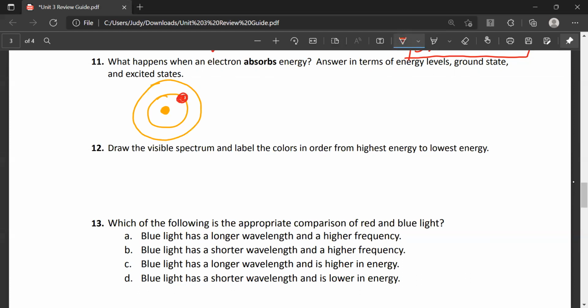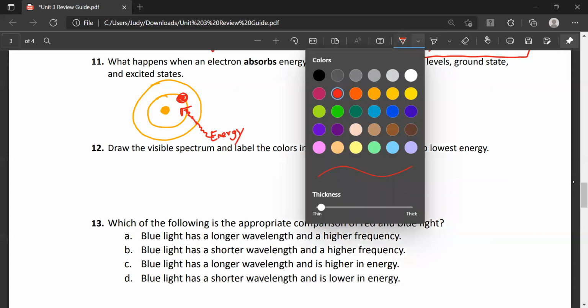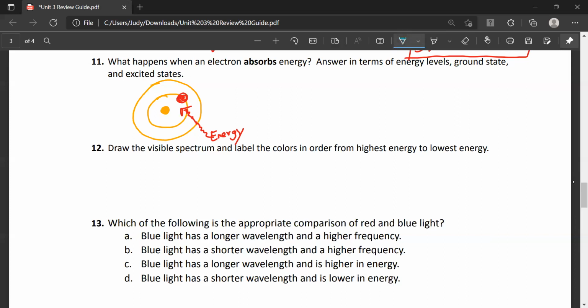Now, if there is energy going in to the atom, so let's say this is energy. What happens is, right now, this circle that we have is called a ground state because it's on the inner side of the orbital.